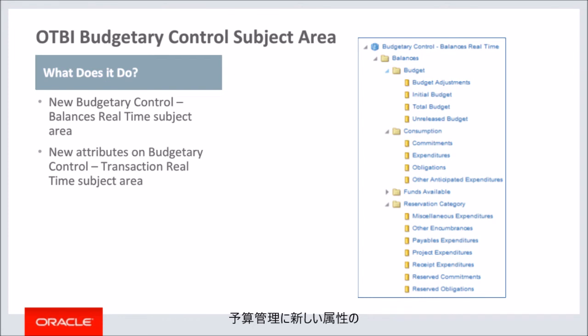New attributes have been added in the budgetary control transactions real-time subject area to enhance reporting on source transactions. The enhancements include new attributes for requisition header, requisition lines, requisition project information, and requisition distribution amounts, along with the purchase order header, lines, distribution amounts, payable invoice distribution information, and manual journals.